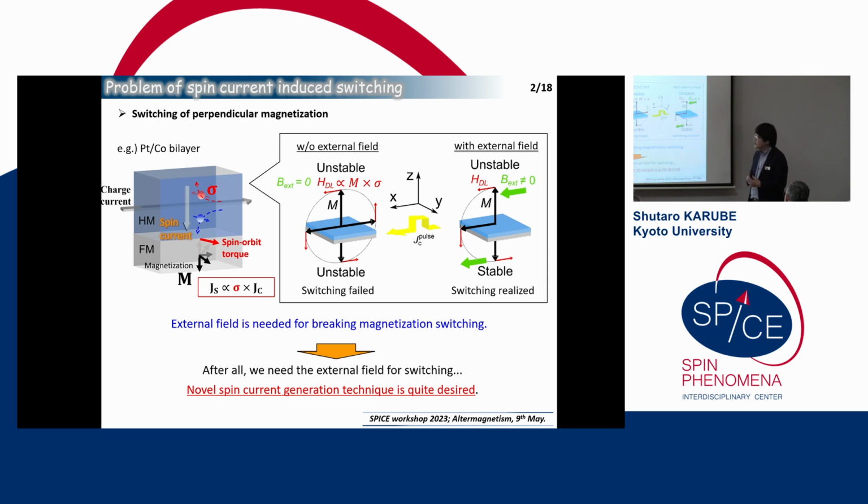But due to the orthogonal relationship among the spin current, the spin polarization, and the applied charge current vectors, we cannot perform the switching without a magnetic field. We need an external magnetic field for breaking the switching symmetry. So after all, we need the external field for the switching. So a novel spin current generation technique is quite desired so far.